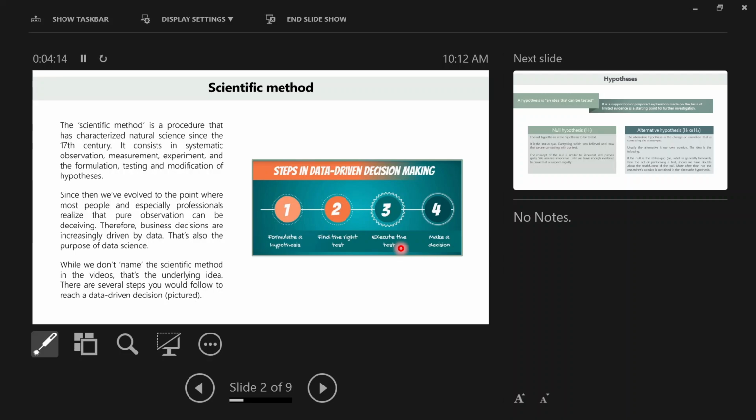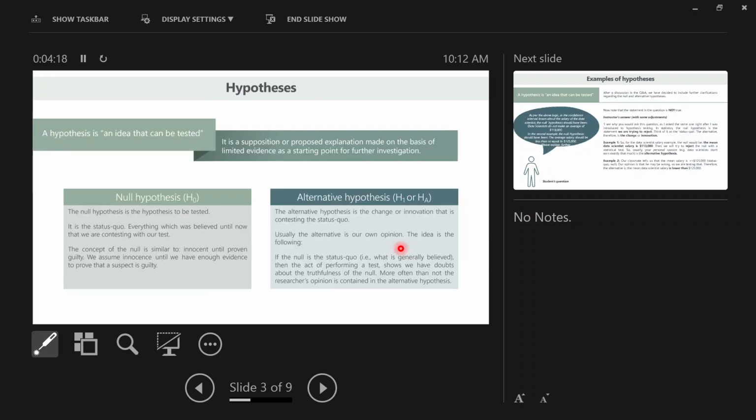But let us define what this hypothesis is. When we are talking about a hypothesis here, we are saying that a hypothesis is an idea that can be tested.